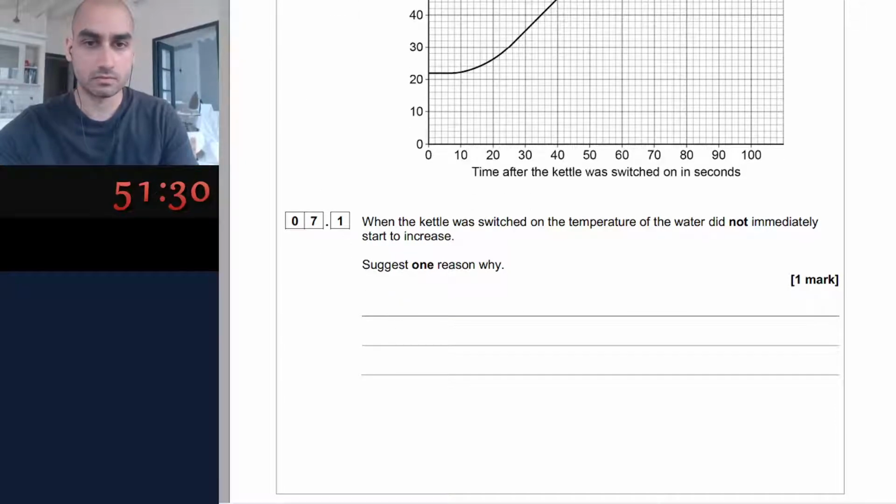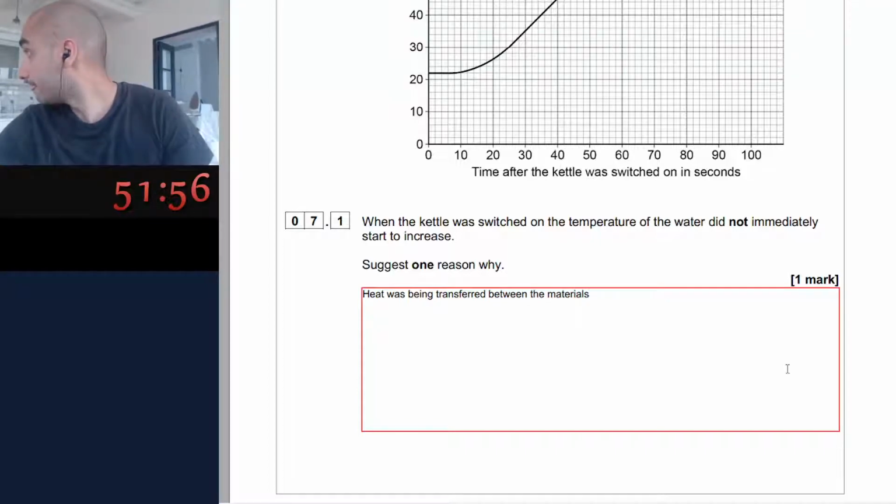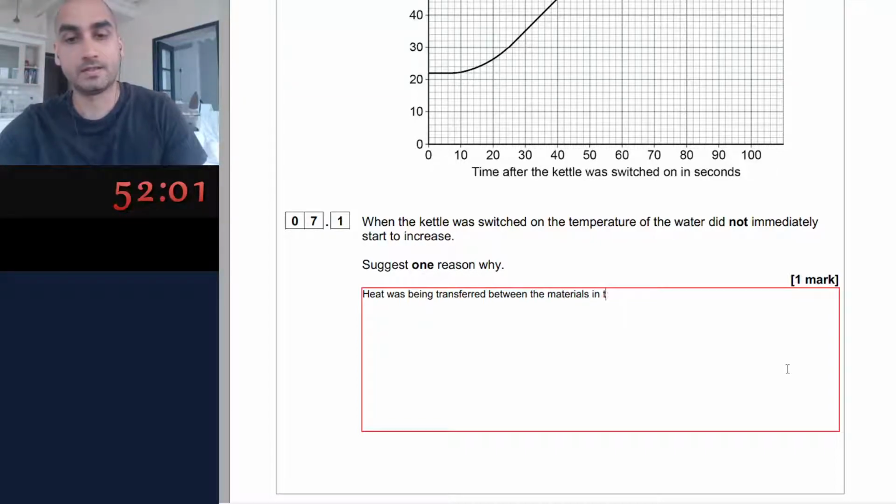Because heat was being transferred between the materials in the kettle.